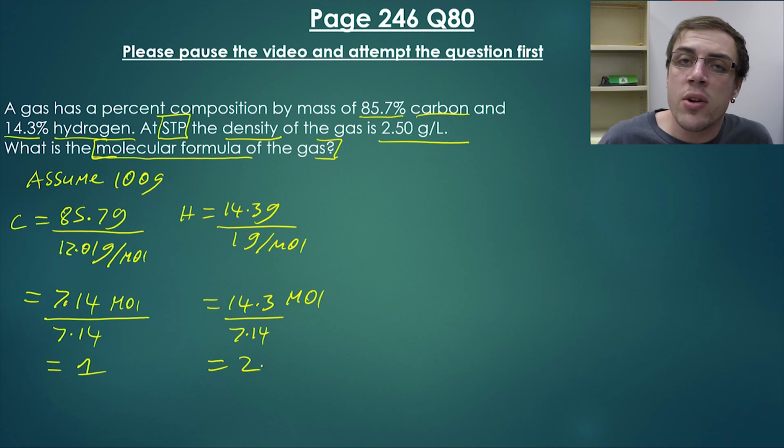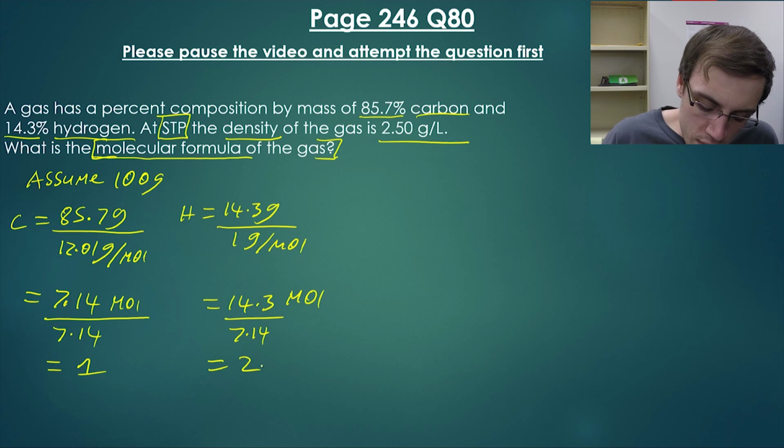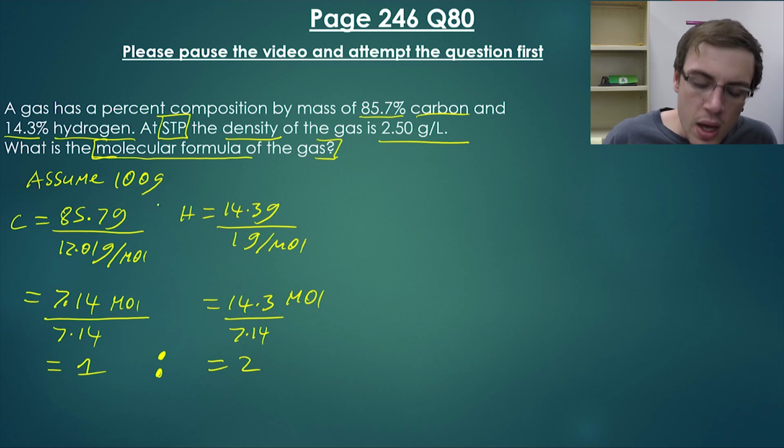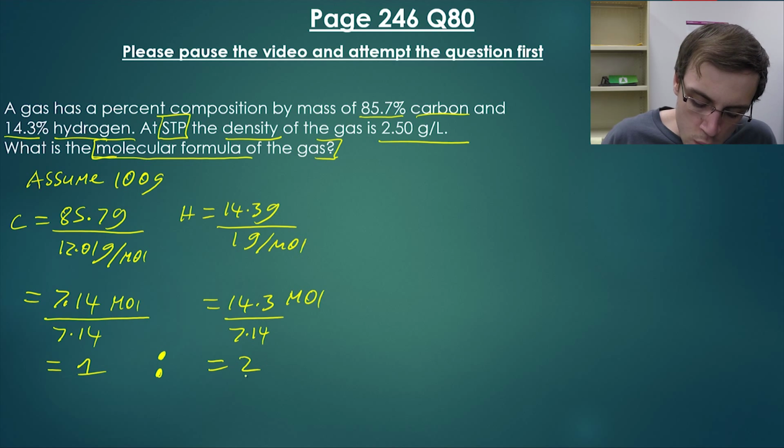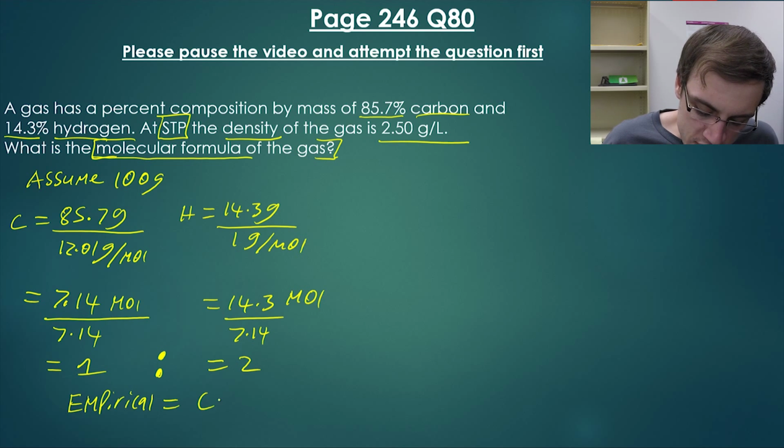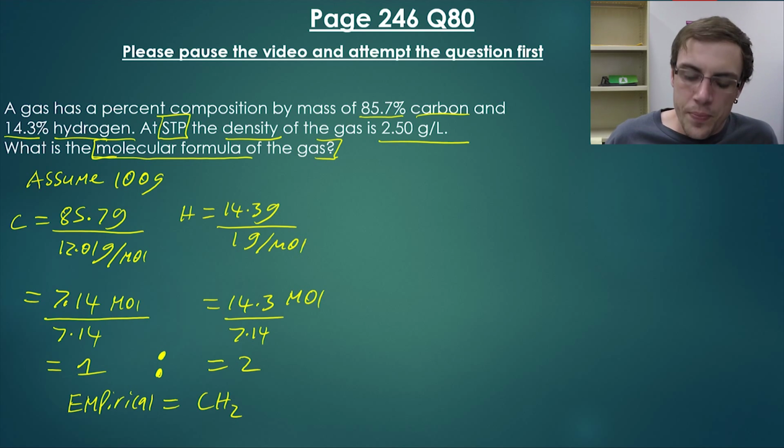So just round it to the nearest whole number. What this step does is it gives us a ratio of carbons to hydrogens. So for every 1 carbon, we're going to have 2 hydrogens. So this is going to give us an empirical formula of CH2.